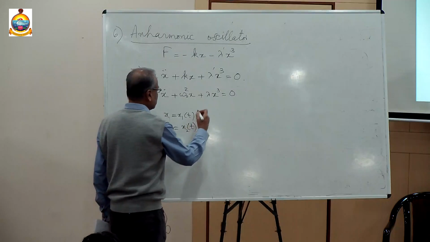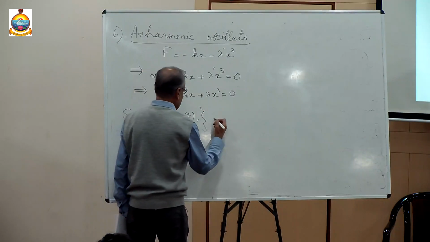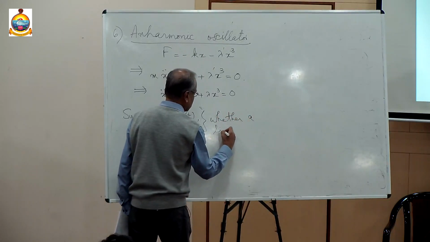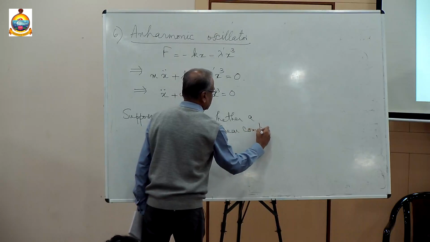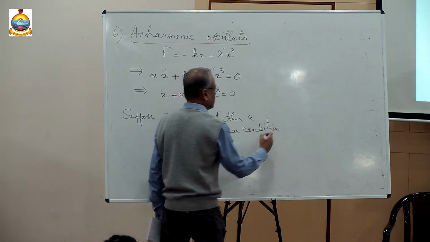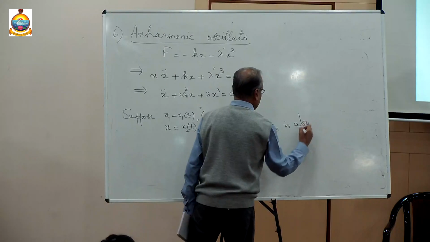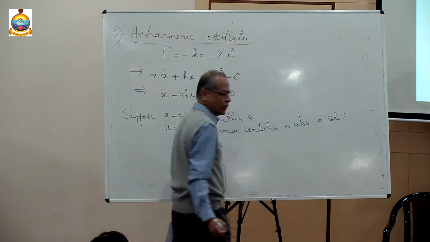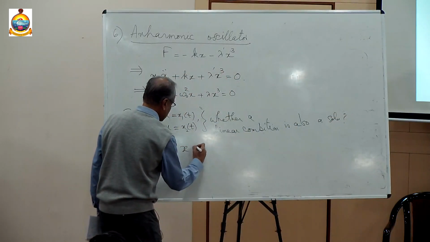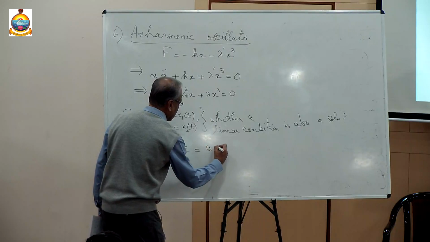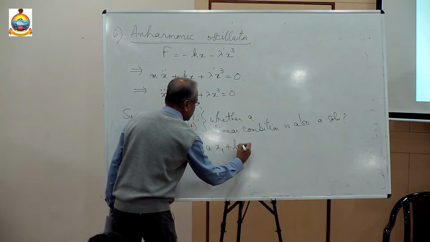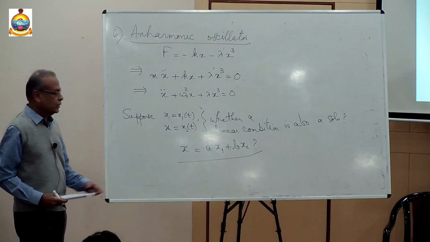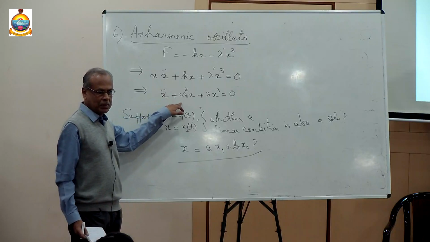And then I ask you to see whether a linear combination is also a solution. Check whether a linear combination is also a solution, so that you verify the linear superposition principle. That means check whether x equal to a x1 plus b x2, with a and b arbitrary constants, is a possible solution. Just substitute in here and check.